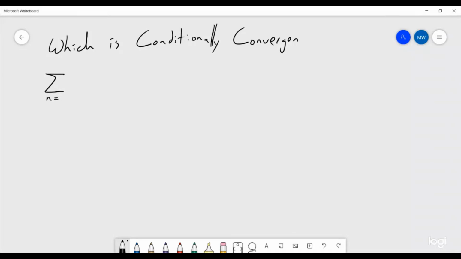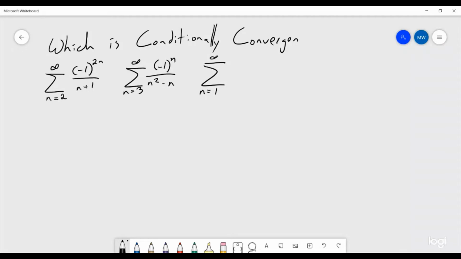sum from n equals 2 to infinity of -1 to the 2n divided by n plus 1. We have the sum from n equals 3 to infinity, we have the sum from n equals 1 to infinity of the natural log of 1 over n.